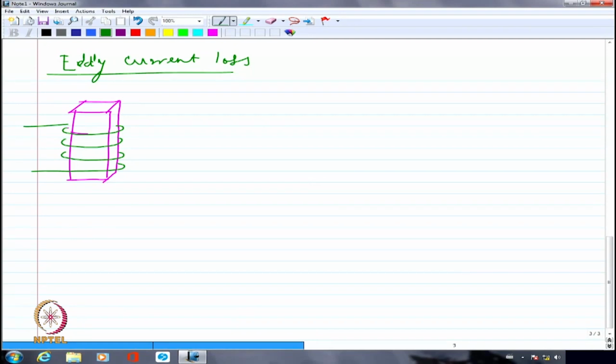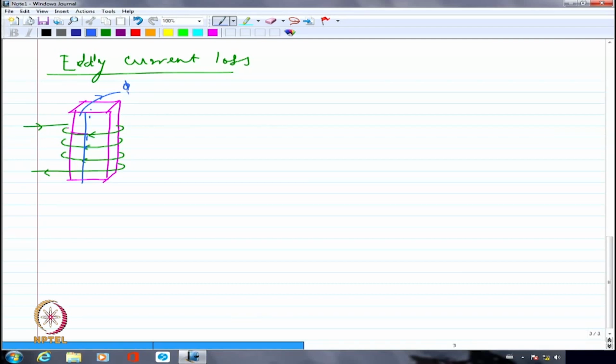So let us say the current is going in here. So it will go like this and come out like this. Fine. So I'm going to have definitely the flux line perpendicular to this. So it is going to be like this. The flux line is going to be like this. This is how the flux line is. Right?